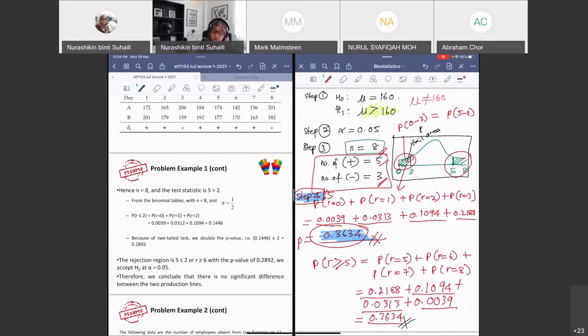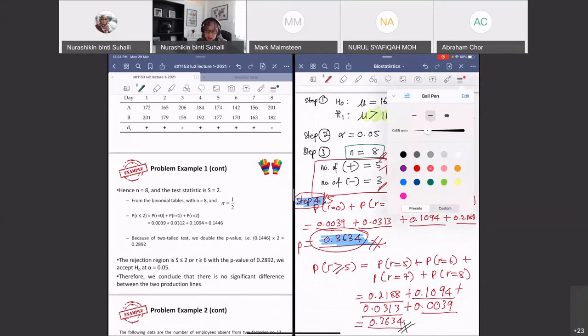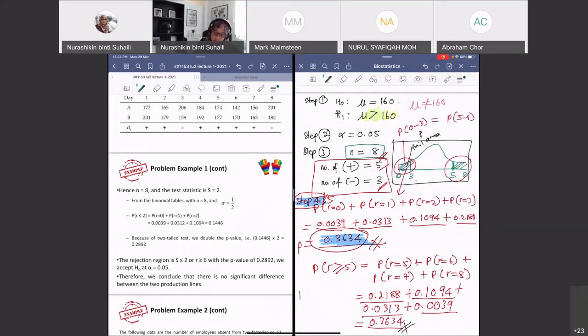So instead of just taking the value of 0.3634, you have to multiply it by 2. Now the P should be 0.3634 multiplied by 2, because both tails count, so the tail area will be double. It's not half.